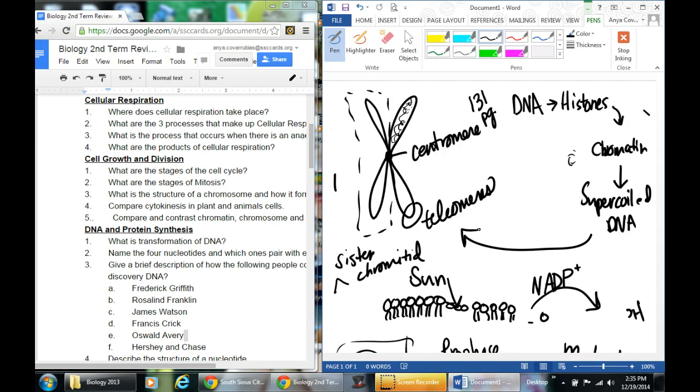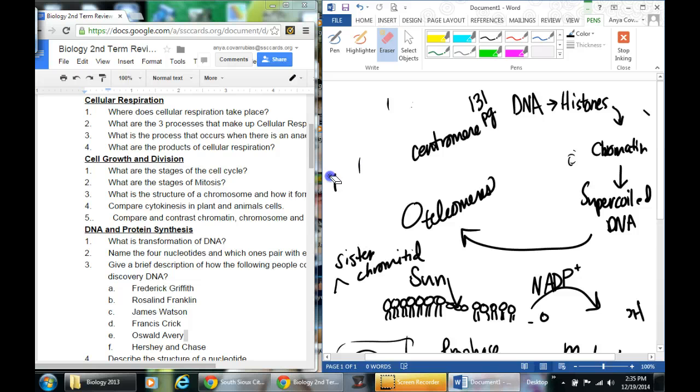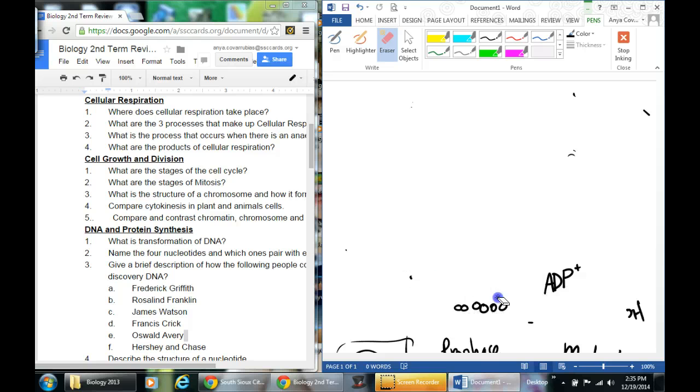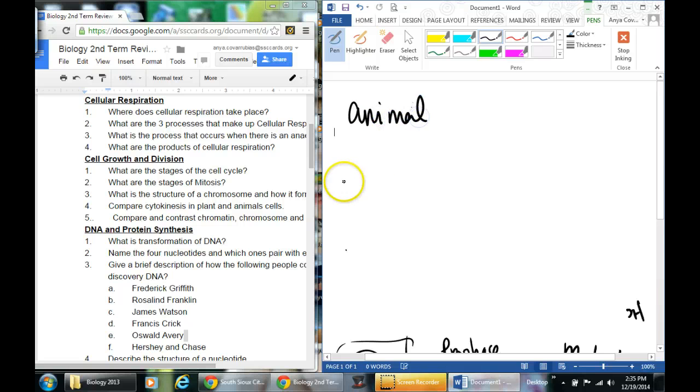And then it says compare cytokinesis in plant and animal cells. Well, as you know, plants have cell walls, and because of this plate-like cell wall that animal cells do not have, cytokinesis in an animal cell is more like it's pulling apart. So in an animal cell, we have this kind of cleavage that's formed between the two.